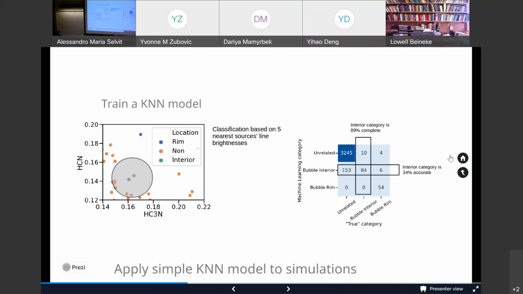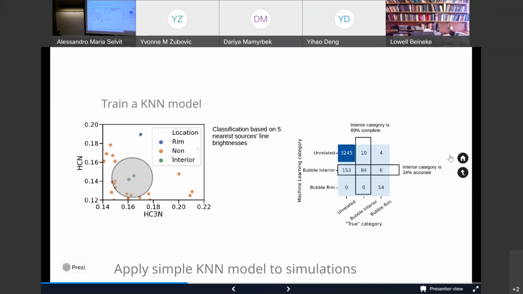If, on the other hand, the source is not associated with the bubble at all, but our model predicts it as being interior, that would be, for example, in the 153 number right here. So we can broadly say, based on this column here, that the interior category is 89% complete.